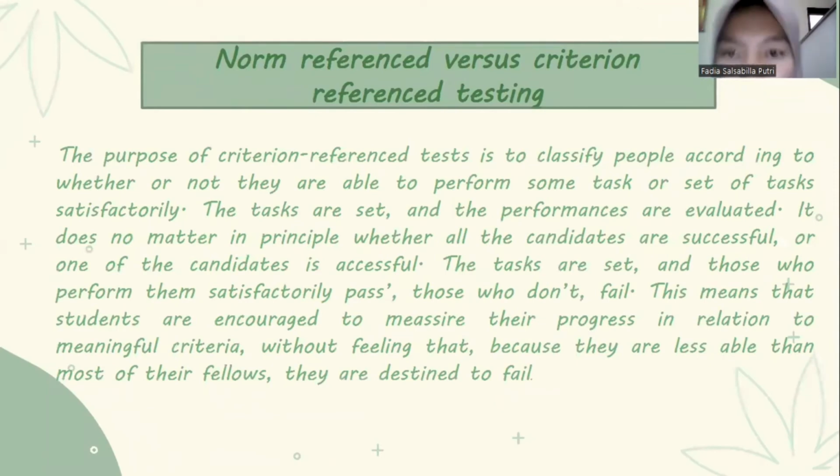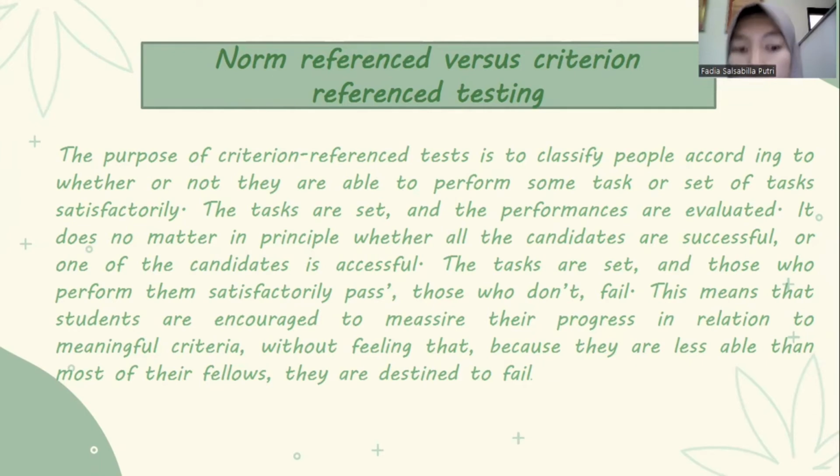Norm reference versus criterion reference testing. The purpose of a criterion reference test is to classify people according to whether or not they are able to perform some tasks or set of tasks satisfactorily.